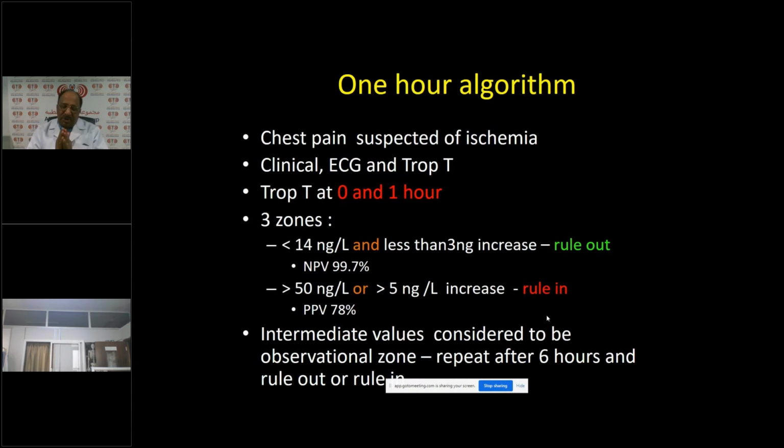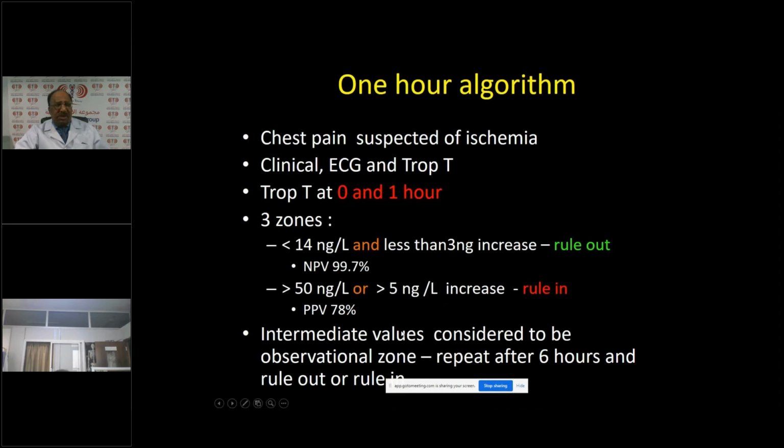If it is more than or equal to 3 nanogram, you have to repeat it after 6 to 12 hours. If it is more than 50 nanogram, or more than 14 plus more than 5 nanogram increase, then ACS is ruled in with a reasonably good positive predictive value. You have to look at other clinical parameters also.